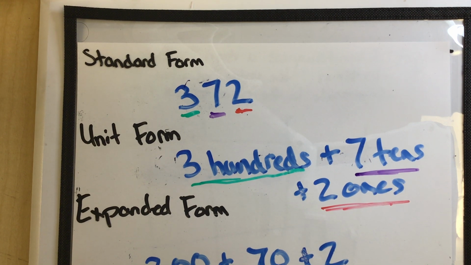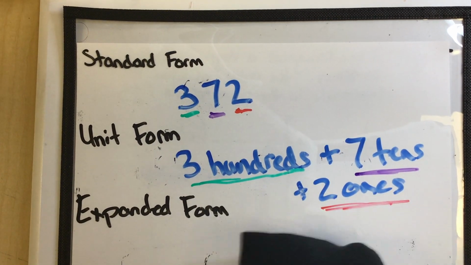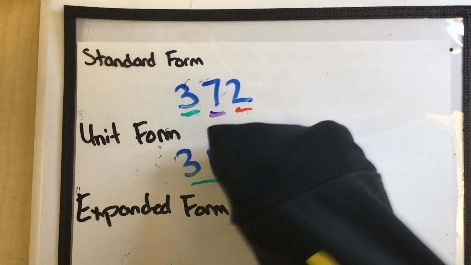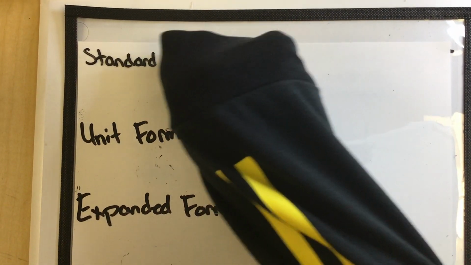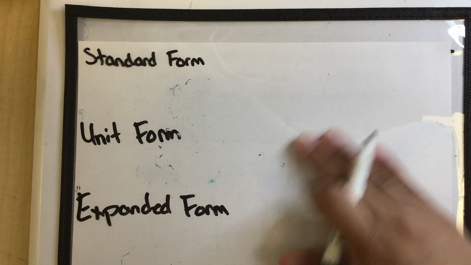So we're going to try out one more problem, and this time we're going to go a little bit past the hundreds. So prepare your paper and pencil, or erase your whiteboard. Make sure you still have standard form, unit form, and expanded form. That way it'll help you recognize where things are going to go.